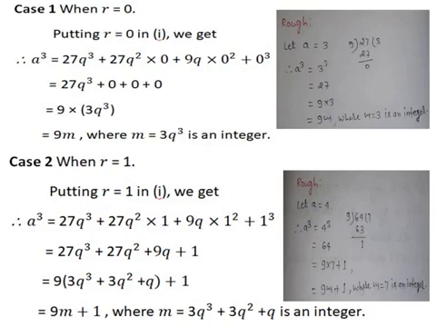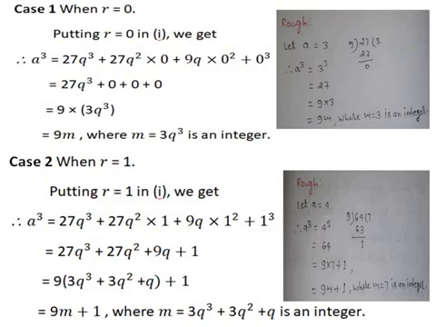Case second, when r is equal to 1, putting r is equal to 1 in equation first, we get a cube is equal to 27 q cube plus 27 q square into 1 plus 9q into 1 square plus 1 cube, equal to 27 q cube plus 27 q square plus 9q plus 1, equal to 9 into (3 q cube plus 3 q square plus q) plus 1, equal to 9m plus 1, where m equal to 3 q cube plus 3 q square plus q is an integer.